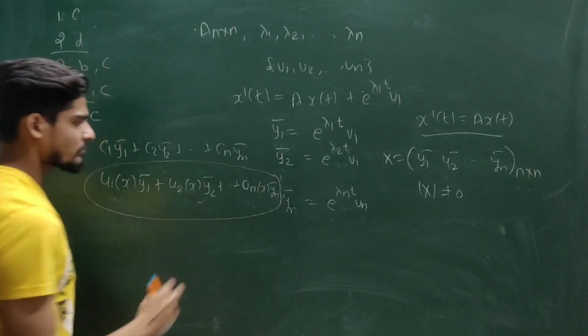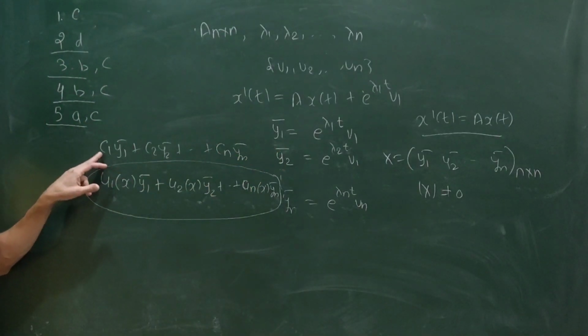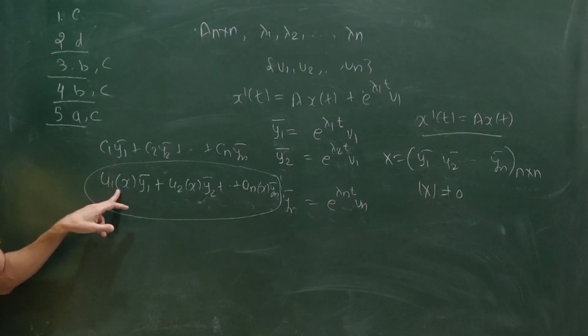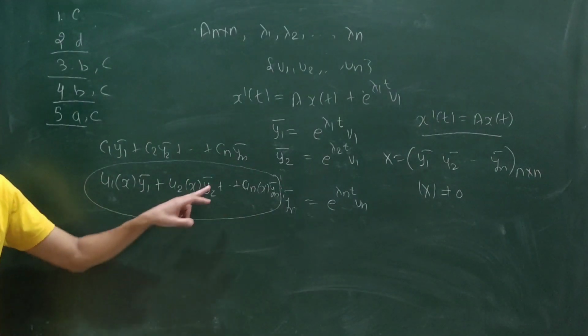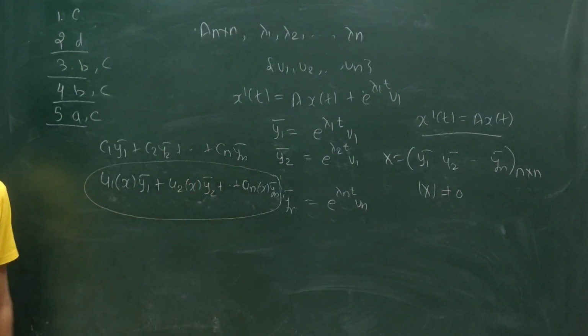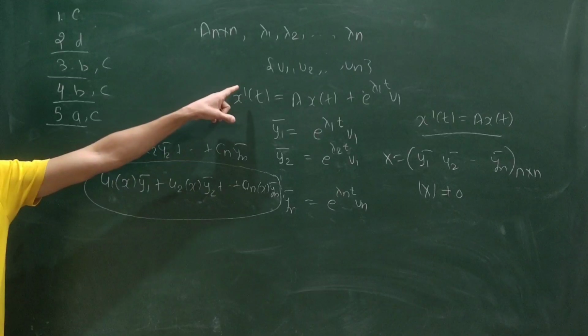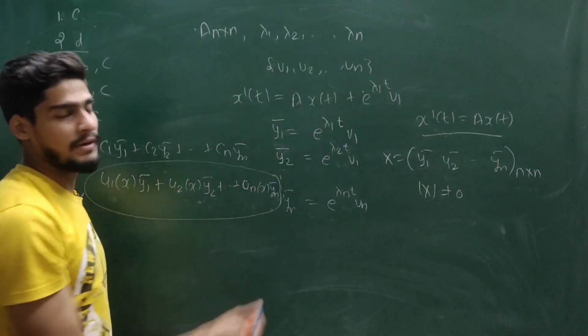This is your possible solution of the non-homogeneous part. Here you have changed your constants to variables, and you are finding the condition. This is exactly the same as the variation of parameter in simple ODE. So you apply this methodology, then you will get the correct format of the solution.